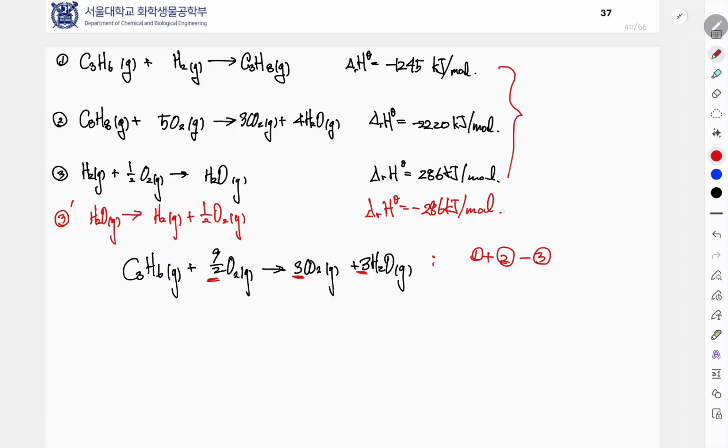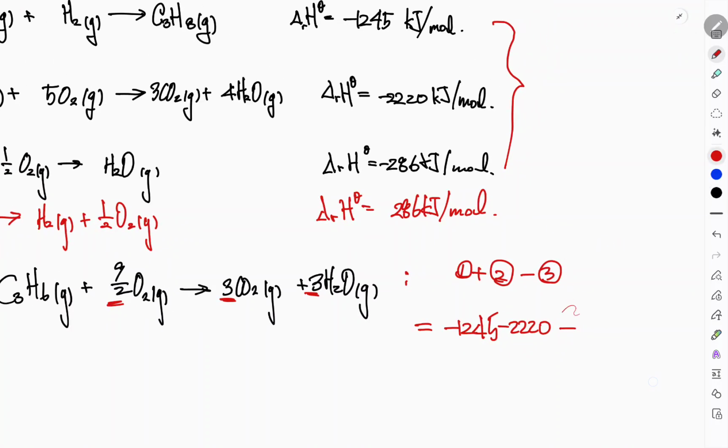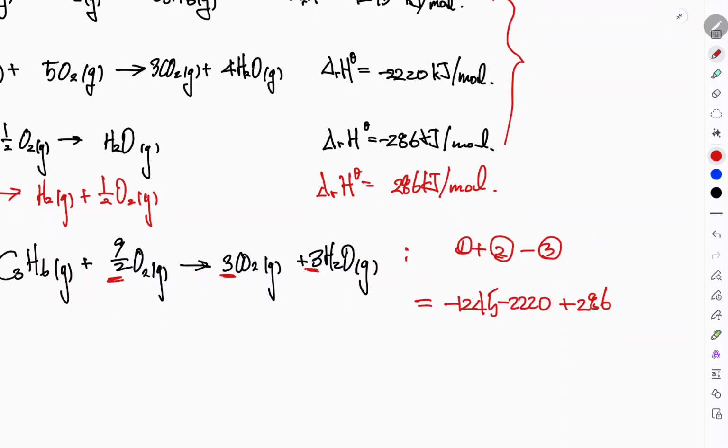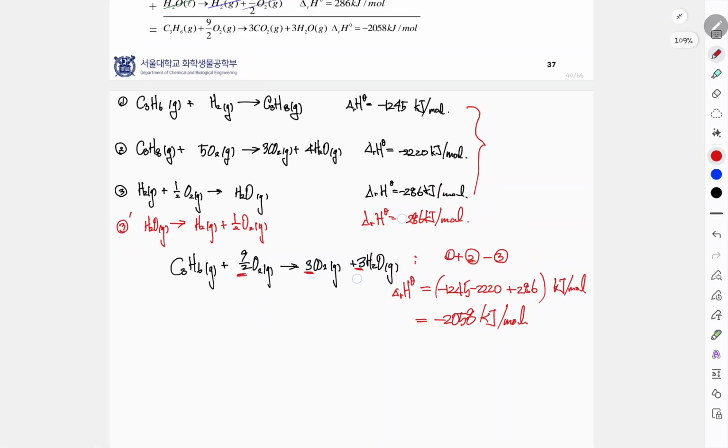So if we calculate this one, the first one is this, and then finally this is the sum. Using Hess's law, we can calculate the final standard enthalpy of combustion of propane here.